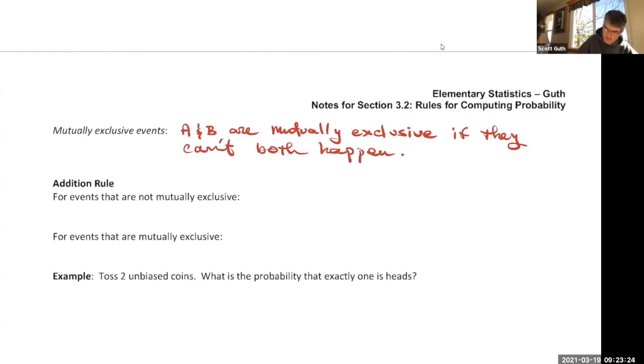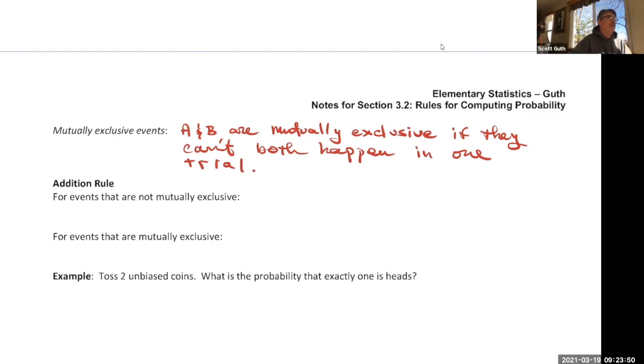One will always exclude the other, in one experiment or trial.